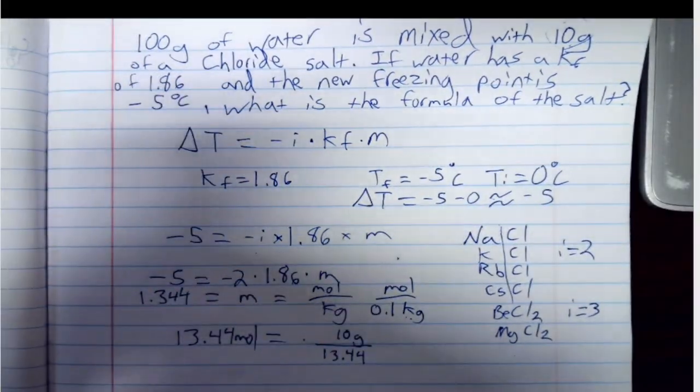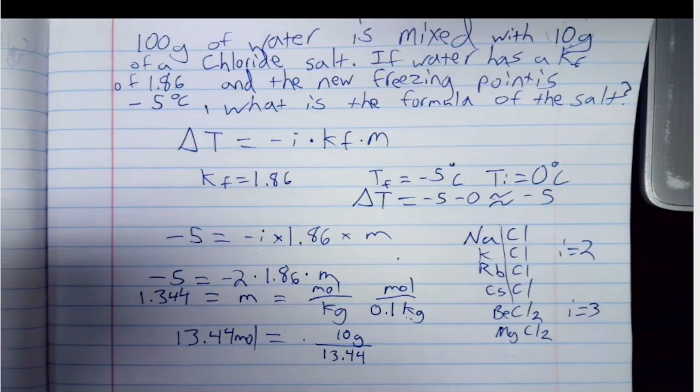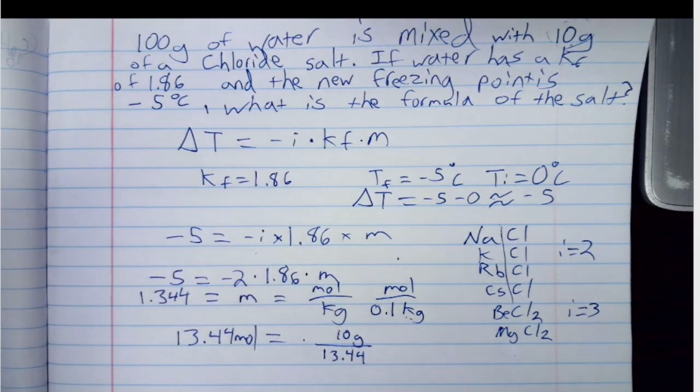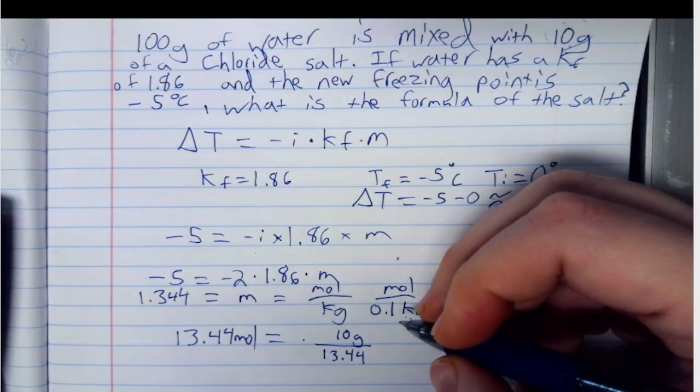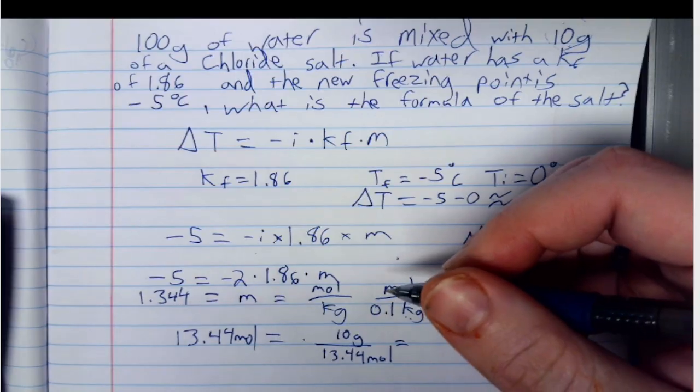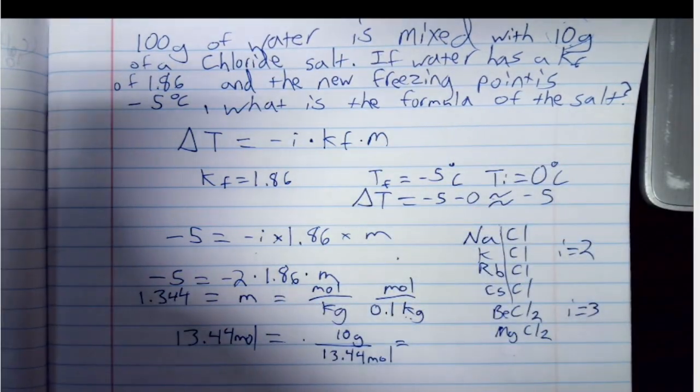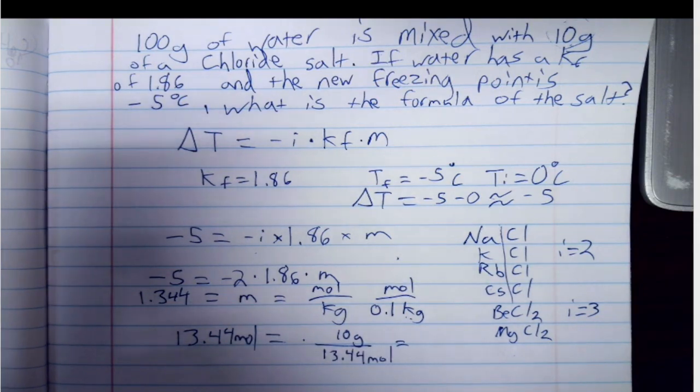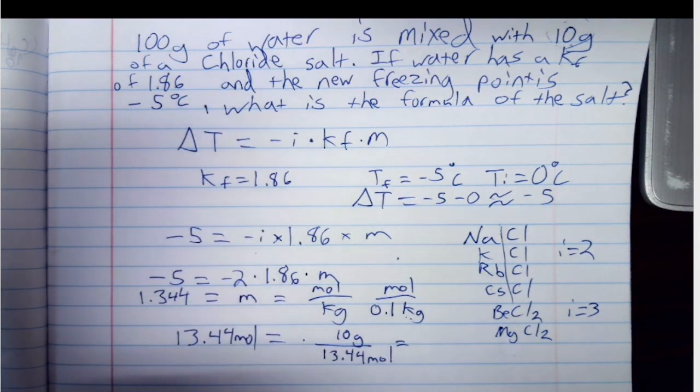Yeah, I definitely screwed something up. 10 grams per this many moles should give us the molar mass. 10 divided by 13.44, no, that's definitely wrong.